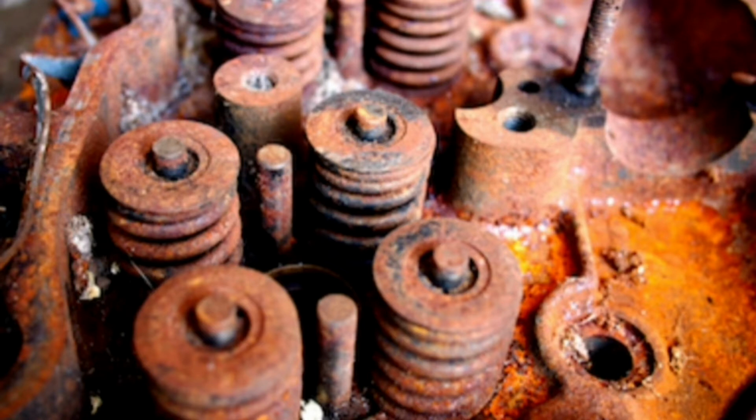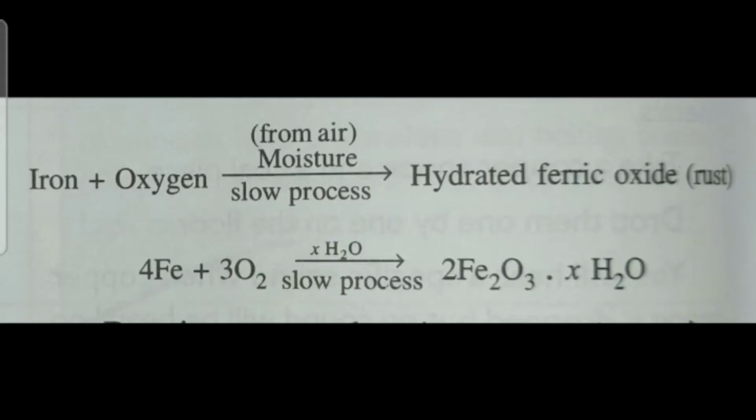So let's check out the reaction of rusting. Here you can see the reaction of rusting. In the first reaction, iron plus oxygen, when exposed to moisture from the air, in a very slow process becomes hydrated ferric oxide. It is producing rust.